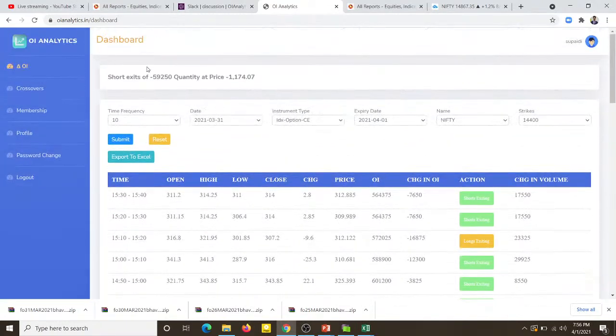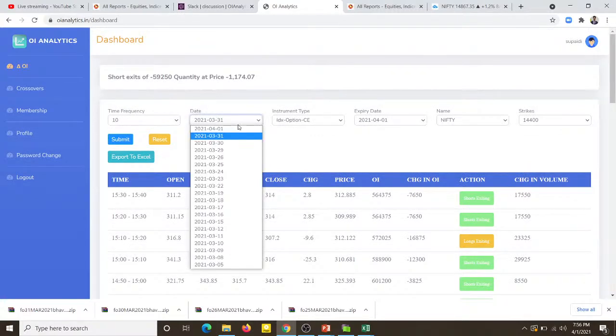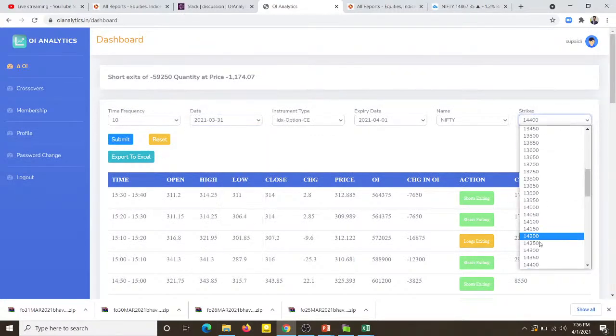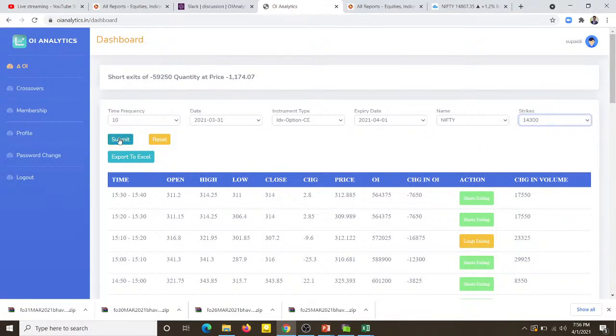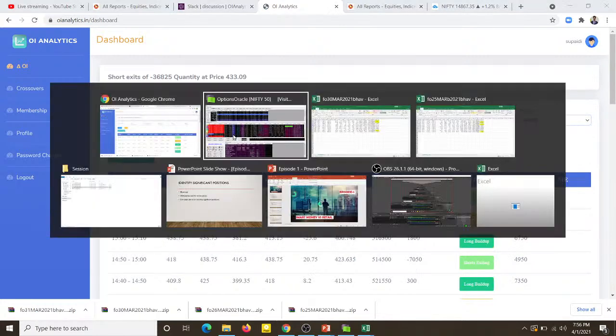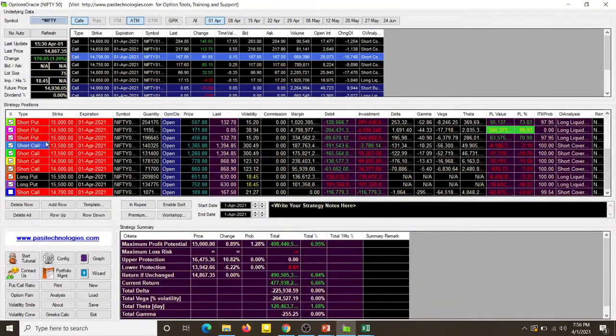Yeah, so this is about 60,000 here in 14,400 call, and in 14,300 call it is about 40,000, right? So we'll adjust both of them.